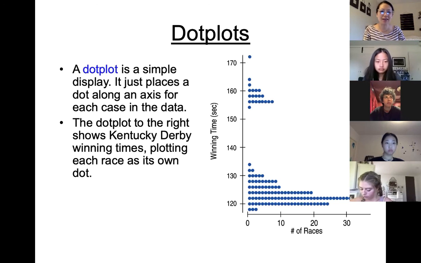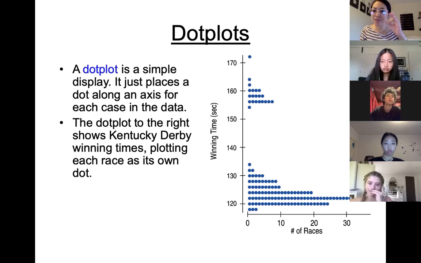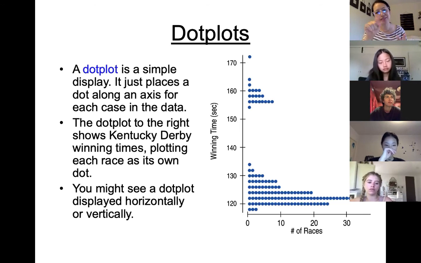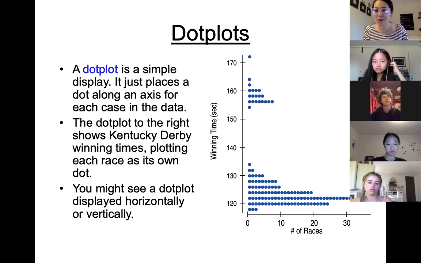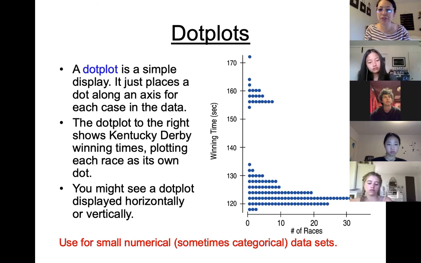All right, numerical data. This is talking about the Kentucky Derby. So each one of these dots is a horse and their winning time. And a dot plot's great. You can kind of see where everybody's lumped in. We have most horses between like 120 and 130, centered on the low end of the 120. And it's useful for small numerical data sets.